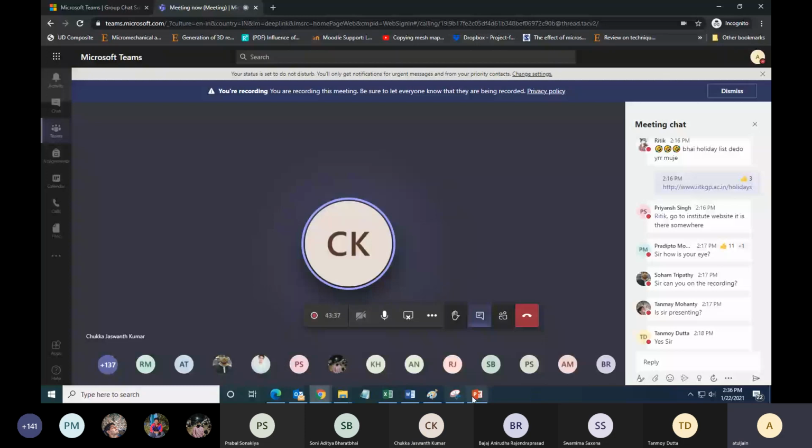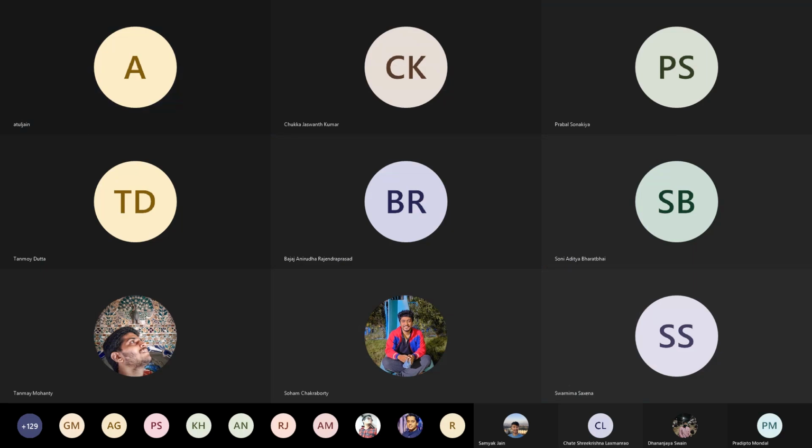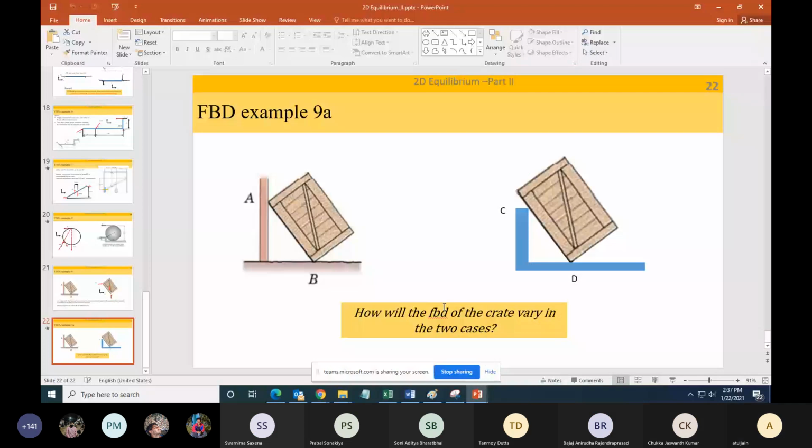Let me search for the slide. Yes. So basically the rule is, if there is an object which is resting on a wall, the direction of the resultant force is normal to the object that is taller.